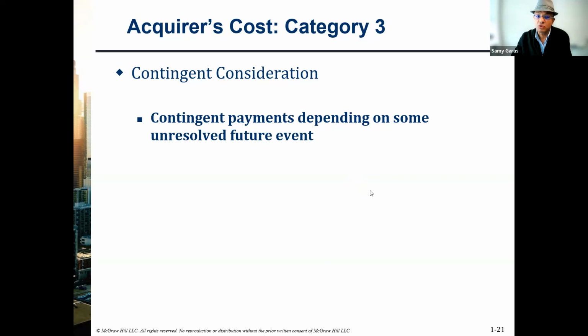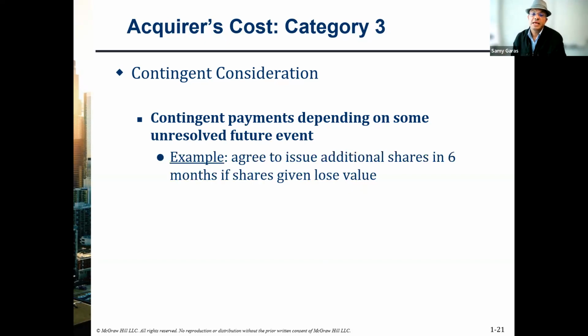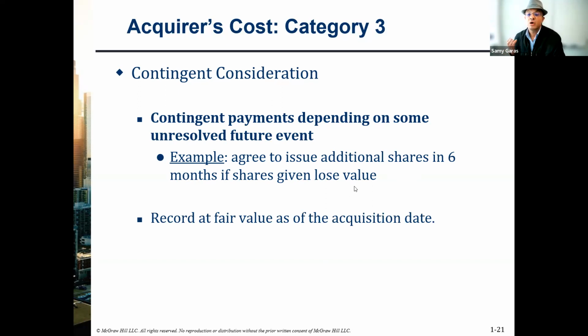So contingent consideration is a payment that might happen in the future if some changes happened in the stock market. Here, for example, we agree to issue additional shares in 6 months if the shares given lose value in the stock market. We record it at the fair value of the acquisition.